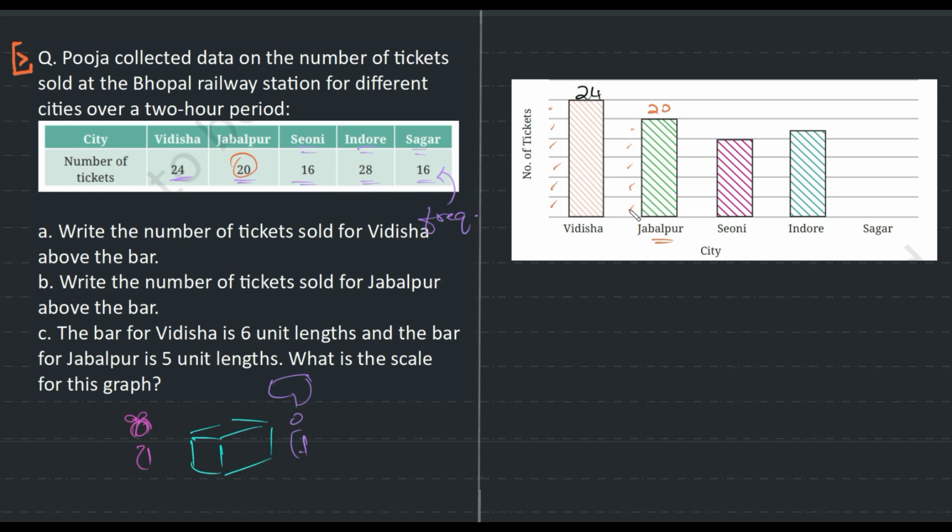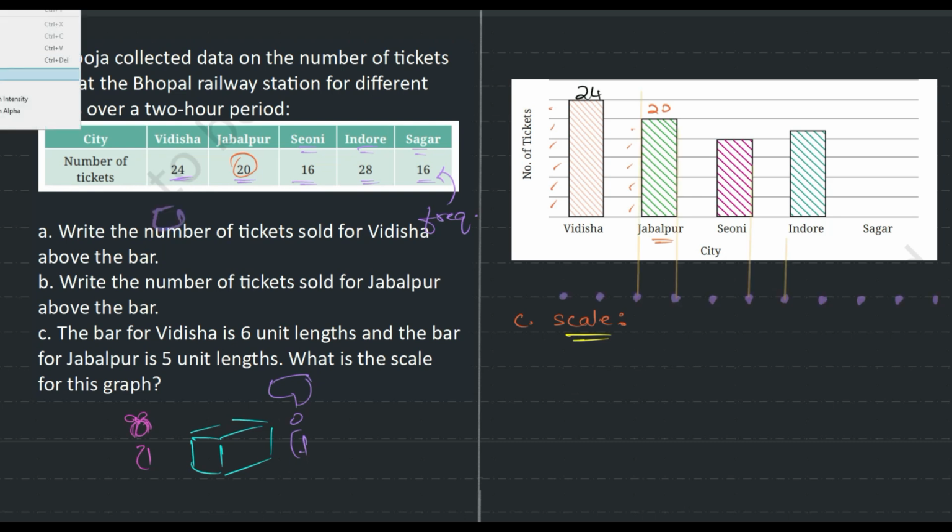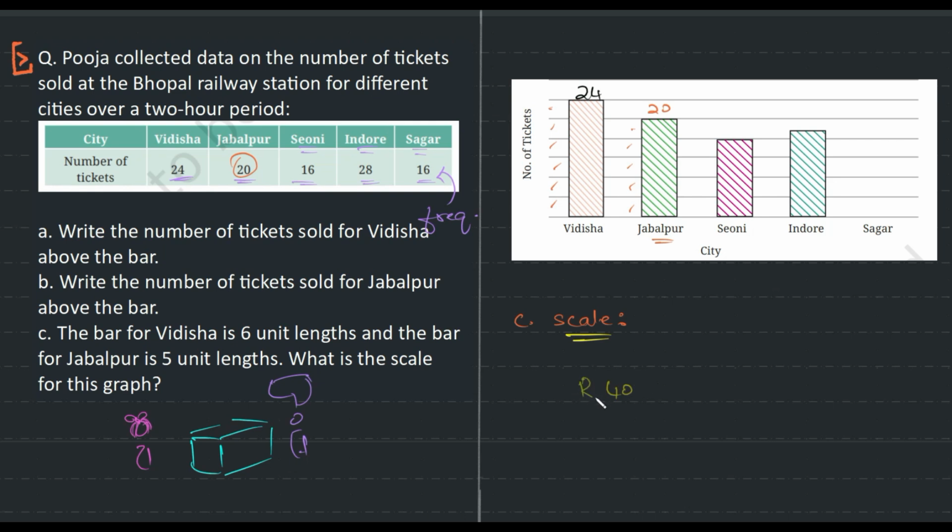What is the scale? Now they are asking us to figure out the scale. How do we figure out the scale? I'll give you guys one clue. Say I have spent 40 rupees to buy 8 items of something, maybe an eraser. Now my question to you is, how much is one item?